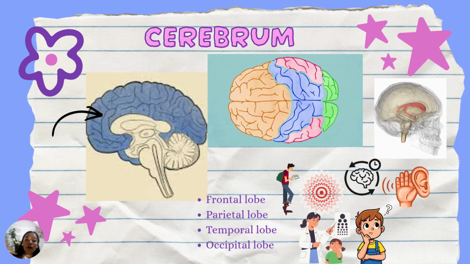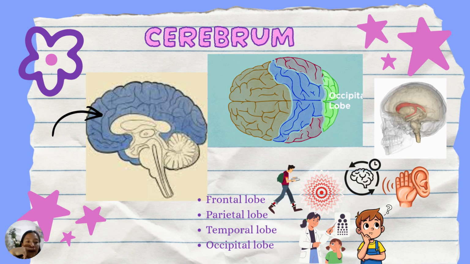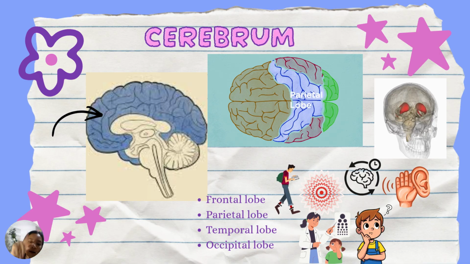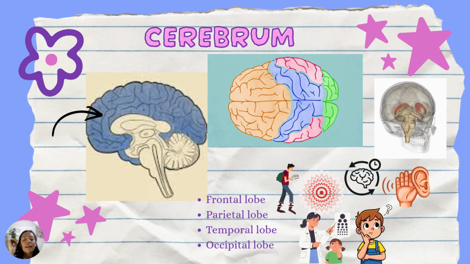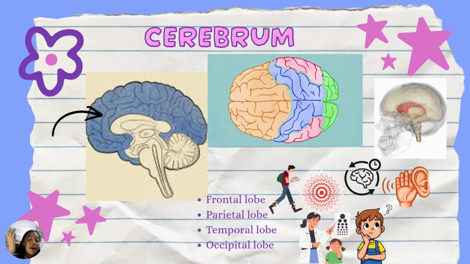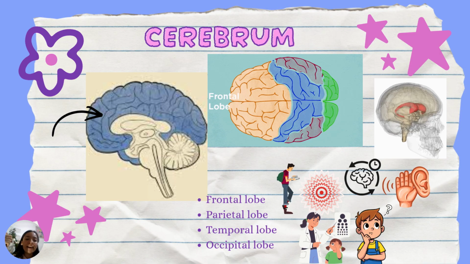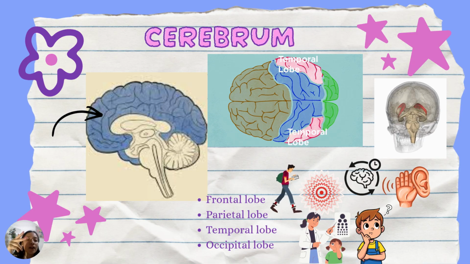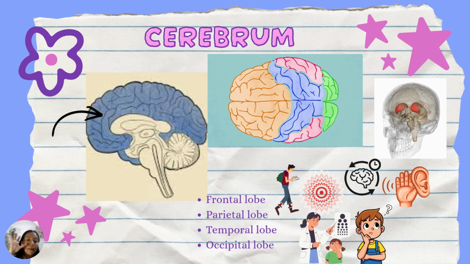The frontal lobe that we can see in orange color, the parietal lobe that is in blue color, the temporal lobe that is in red color, and also the occipital lobe that is in green color. But what is the function of every lobe? The frontal is thinking and movement. The parietal is sensation. The temporal is hearing and memory, and the occipital is the vision.